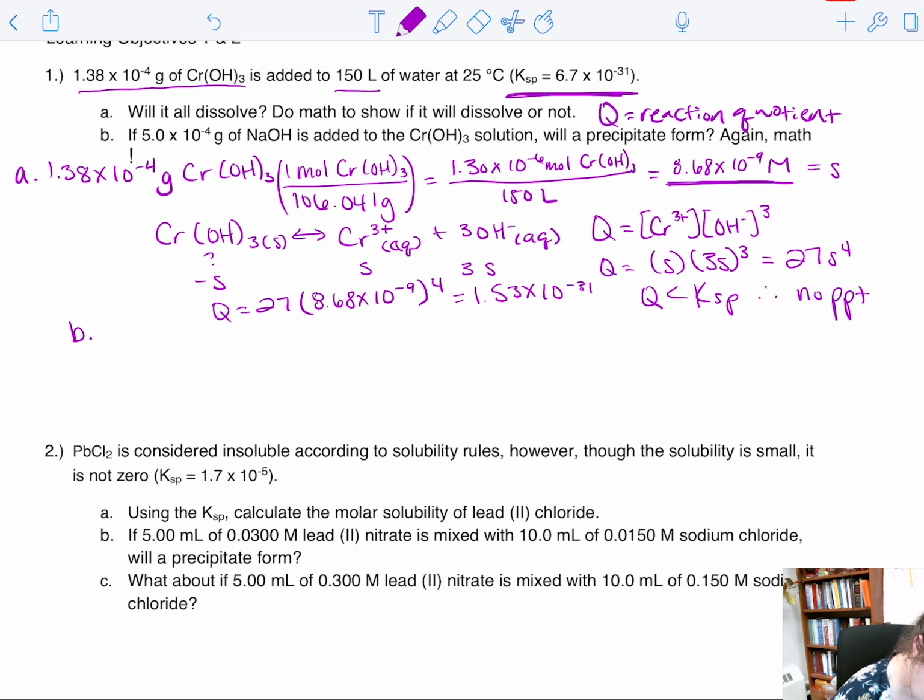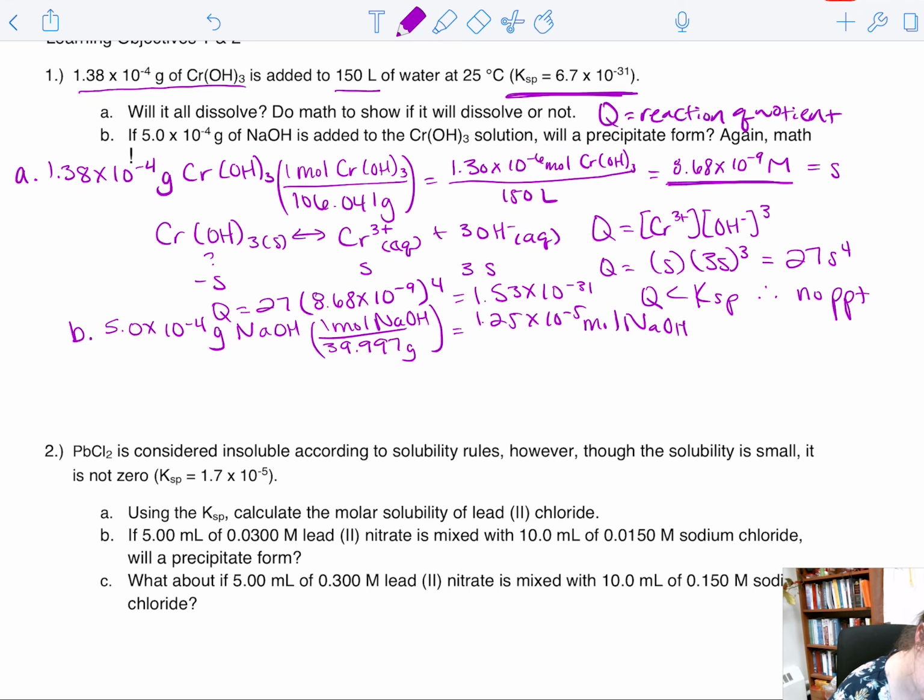So we're going to take our grams of sodium hydroxide and convert that into moles of sodium hydroxide by using our molar mass, giving us 1.25 times 10 to the negative 5 moles NaOH.